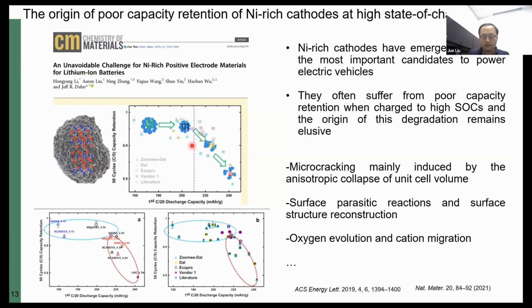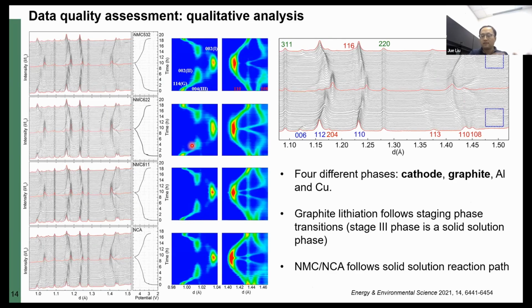So this inspired us to do these sequential studies, using this sequential capability to study differently composed nickel-rich cathodes to see whether there are universal structure changes that correlate with this behavior.